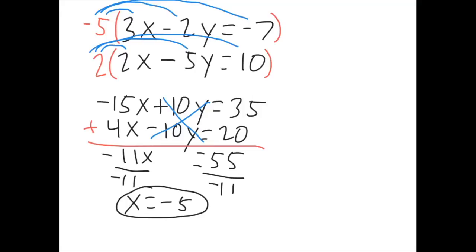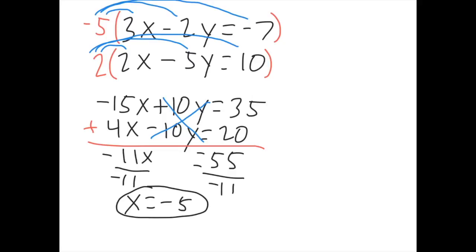Now that you have x, you can go back into one of the original equations and solve for y. So now this is back to the steps of substitution. So we've got either equation, doesn't matter which equation you pick. I'll just go back to the first one, the very top.